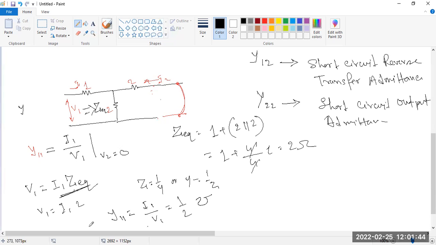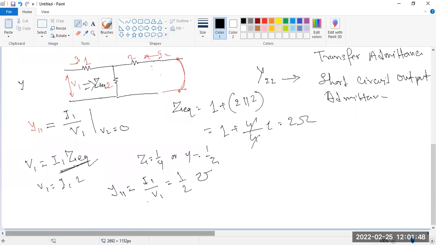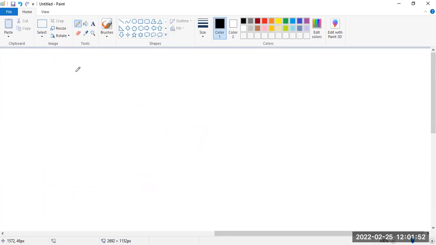Now we have to find Y21 in the same way. Y21 is I2 by V1 when V2 is 0.